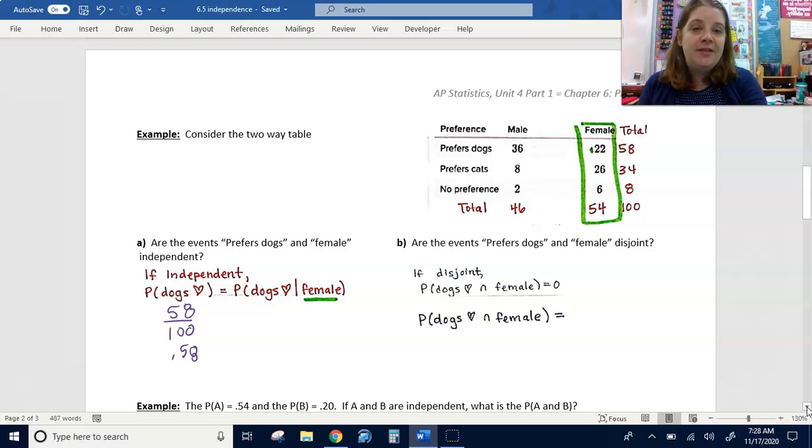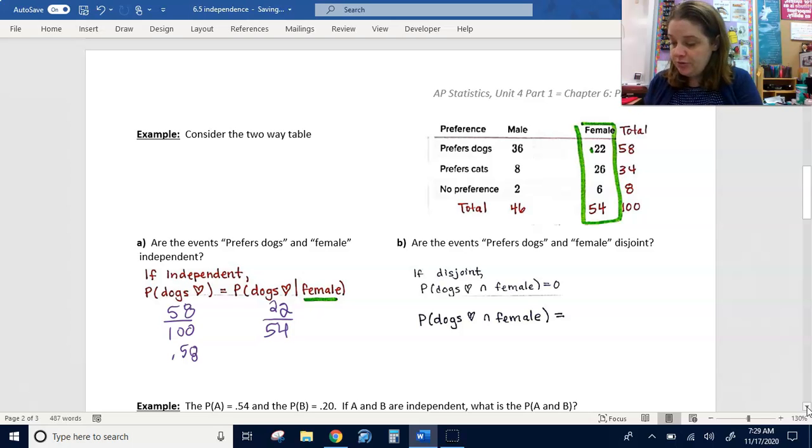Given that I know they're female means I'm only looking at the 54 females. Out of the 54 females, I know that 22 prefer dogs. So out of just that column, I do my calculator, 22 divided by 54, and I end up with 0.407.